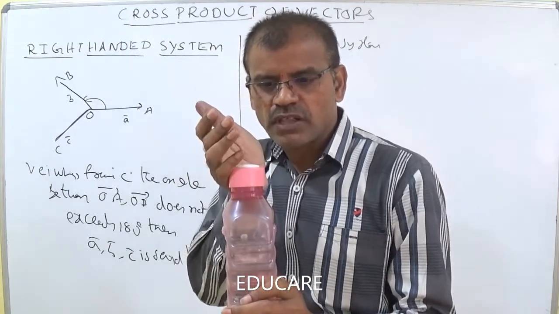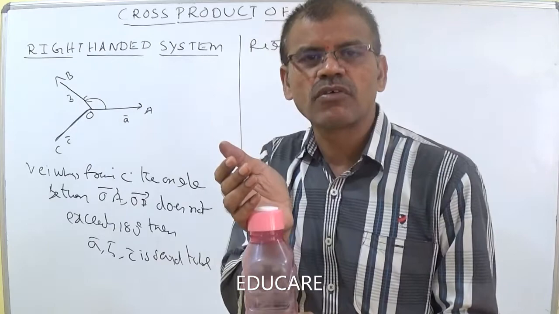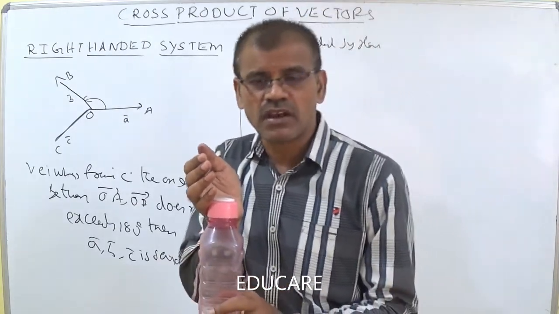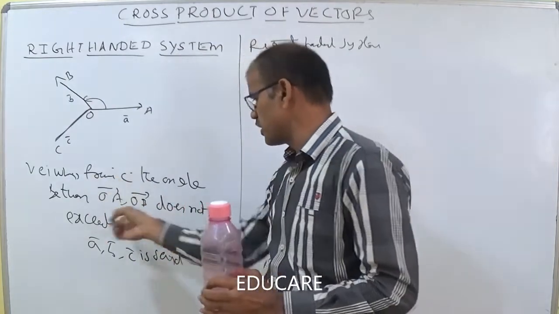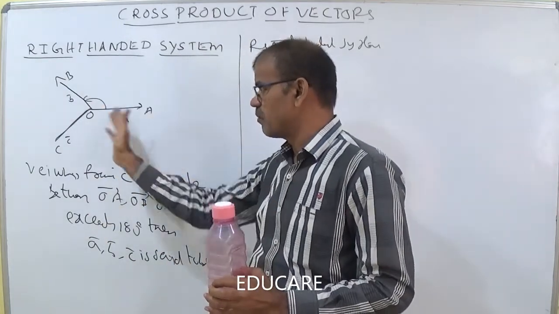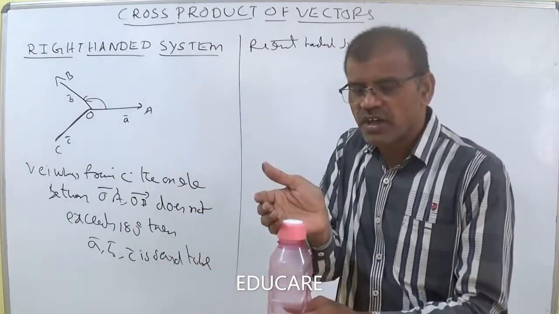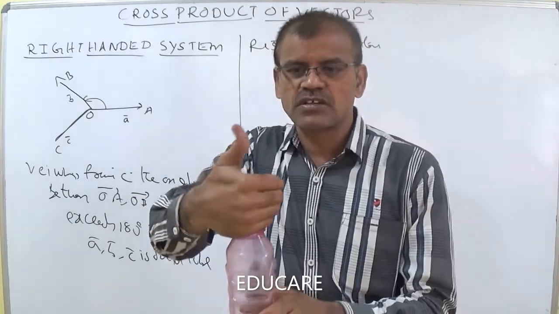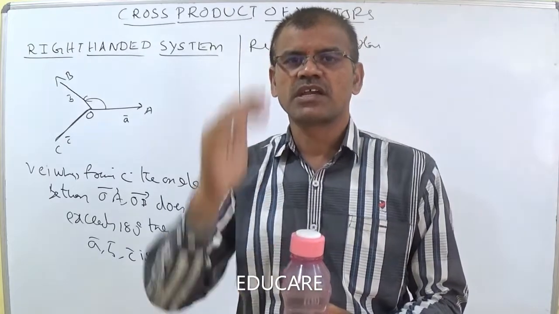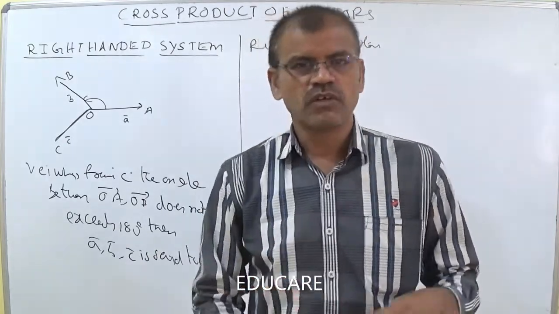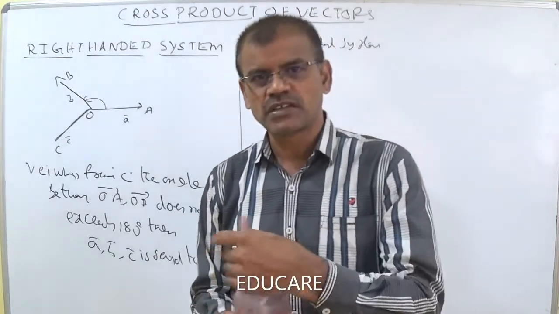Whenever the amount of rotation from the initial ray to the terminal ray is in the positive direction of the x-axis, from 0 to 180, and the direction is upwards, it is said to be a right-hand system. Here also, once again, it is a right-hand system.